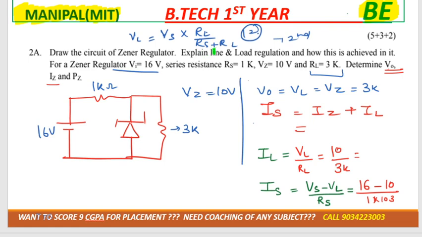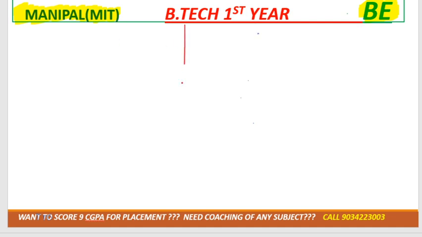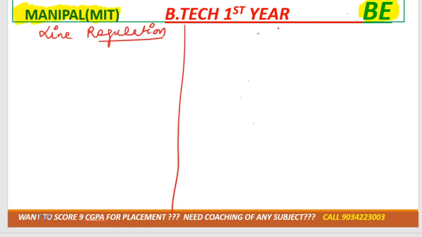Now I'm telling you line regulation and load regulation. Okay, see what is line regulation and what is load regulation. One is line regulation, comparison से याद करोगे तो that would be better for you. Another one is load regulation.